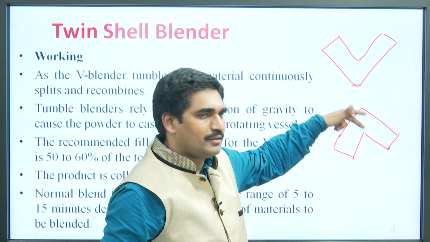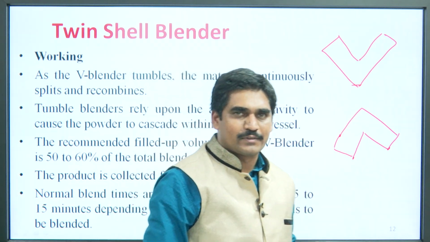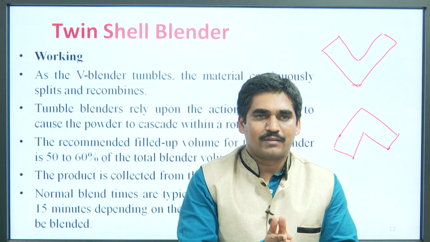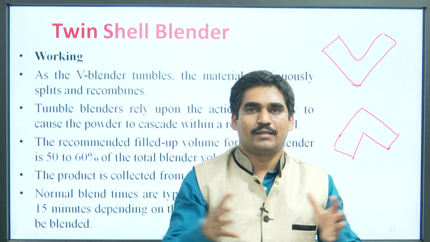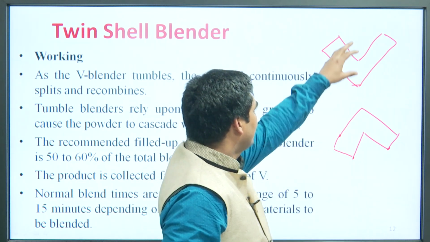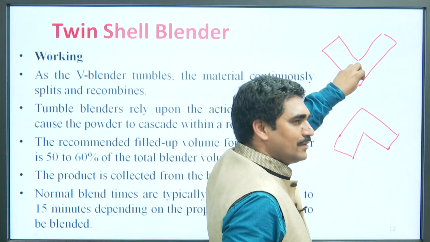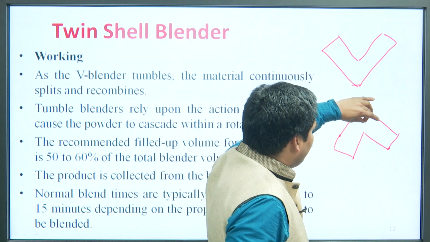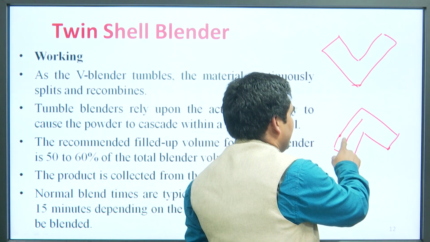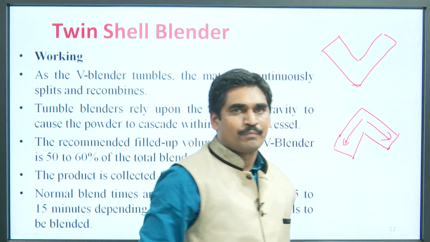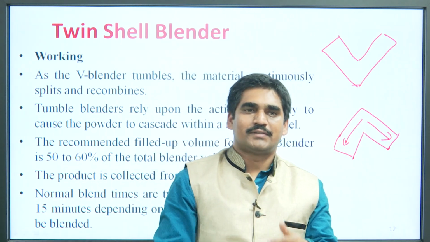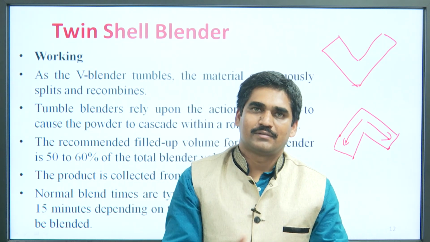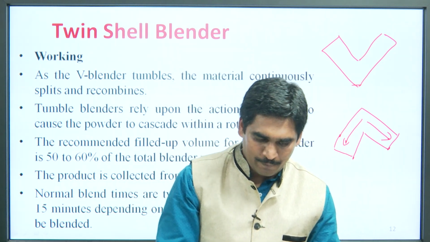This rotates and it changes to this phase. Due to this, the material continuously splits and again recombines. Here the combination is there, and as it moves in this direction, the materials again split into these cells. So, this splitting and combination is carried out during the mixing of the particles.